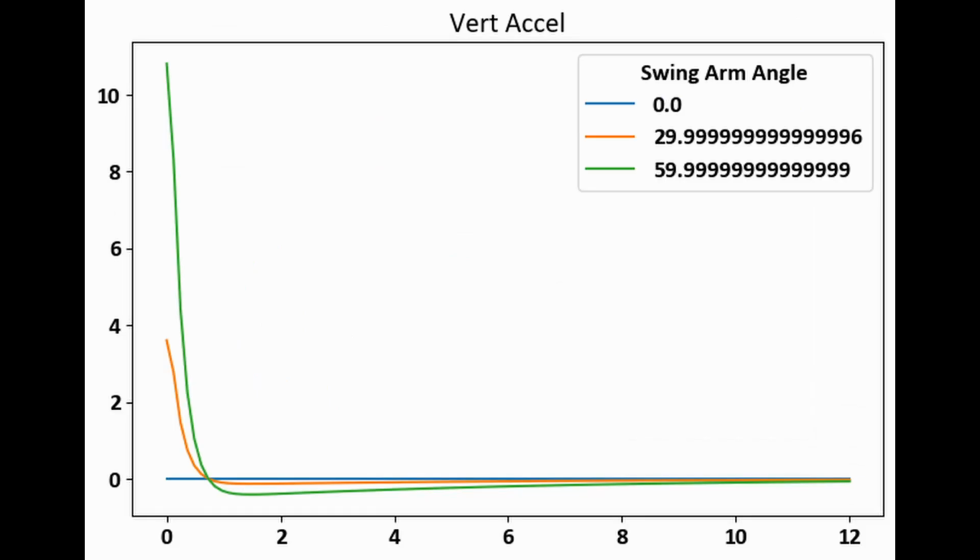First graph we're going to look at is the vertical acceleration of the point mass, or the chassis. So in my model, the tire force is instantaneous, so there's no buildup. All of it's there already. You can see the vertical acceleration is positive for both the swing arm angles, 30 or 60 degrees.